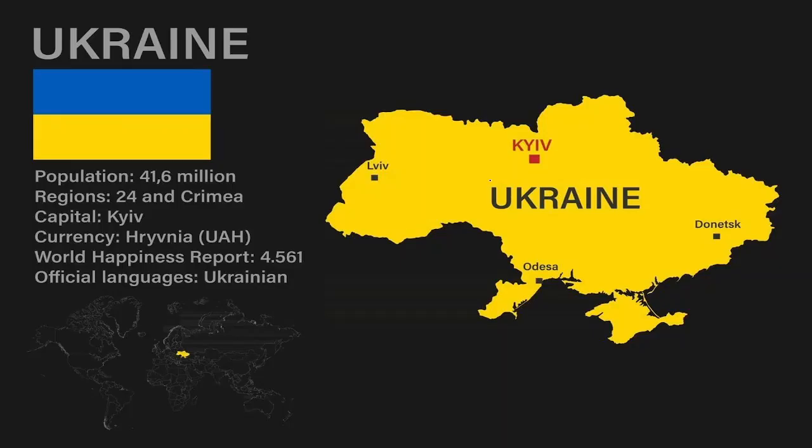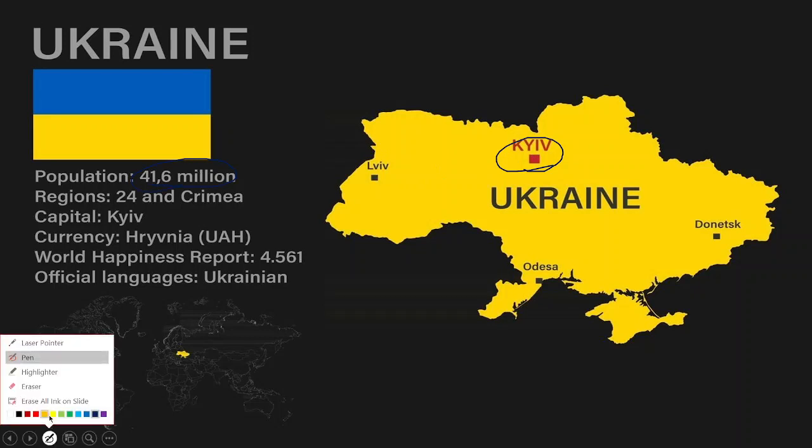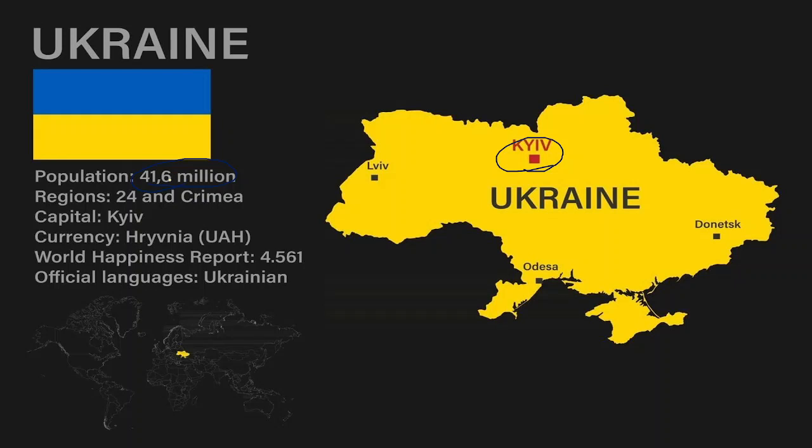Here you can see Ukraine. The capital is Kyiv, and the population is 41.6 million. Because when you are writing the mains examination question, it could be used as a value addition. There are 24 regions along with Crimea.